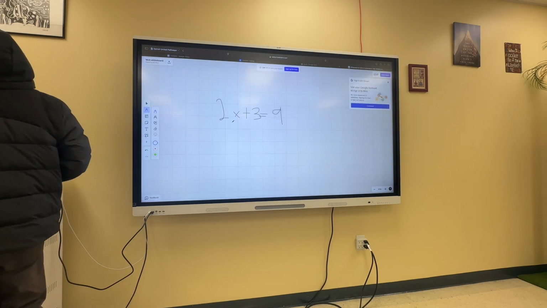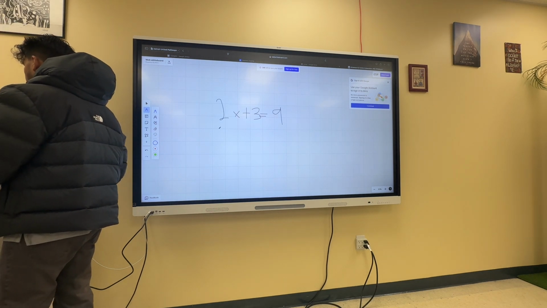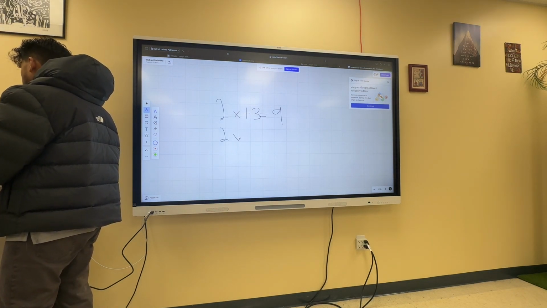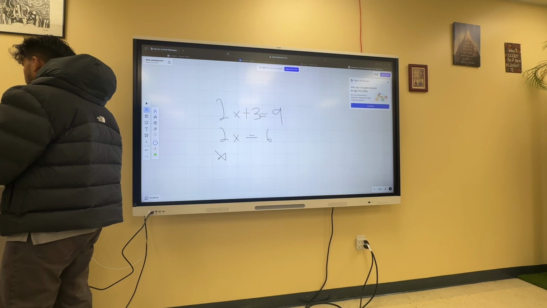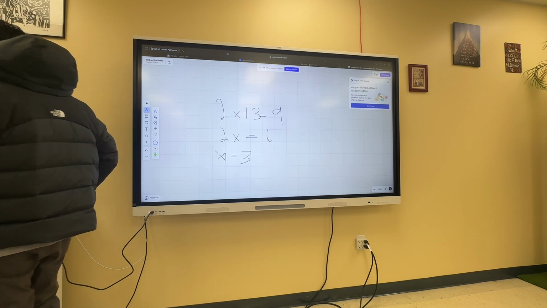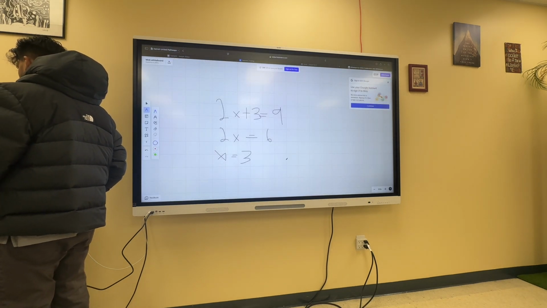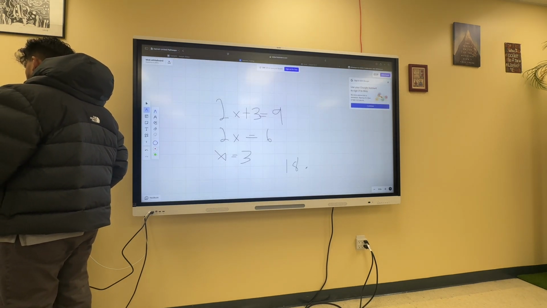I can easily solve for x by subtracting 3 from both sides, so 2x equals 6, and then x equals 3, right? Then we solve for 6x, so 6x is 18, minus 1 gives us 17.